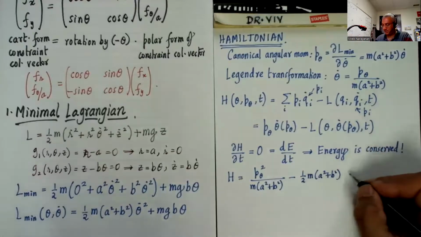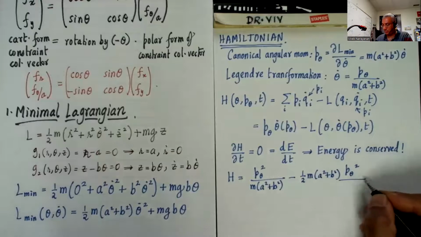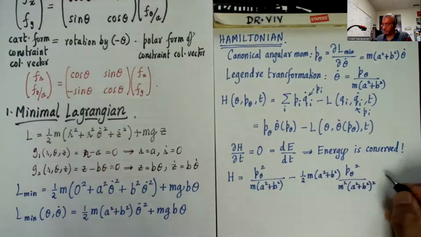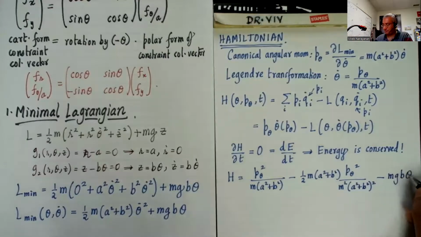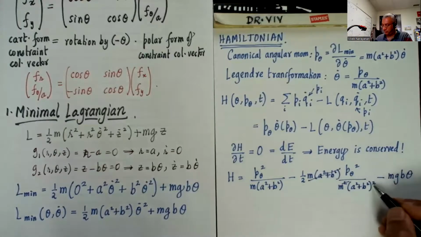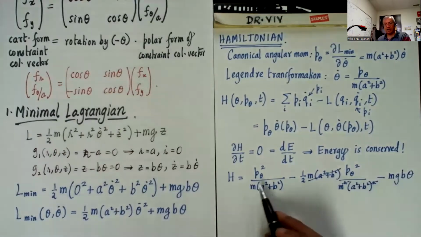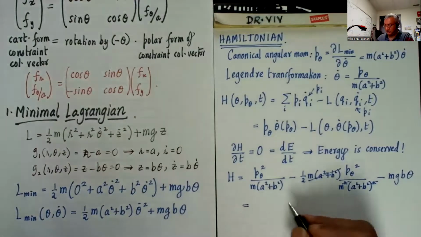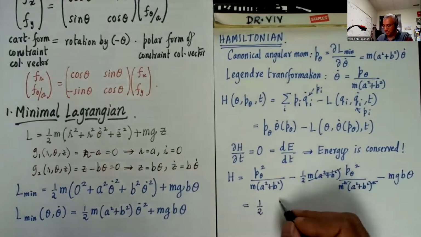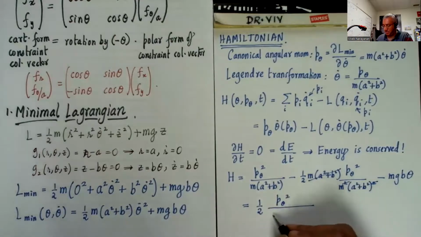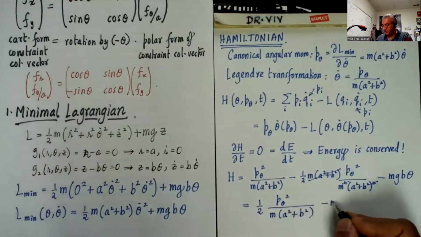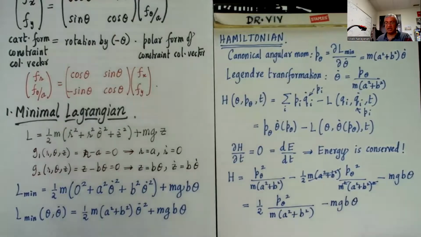So when I square that, I get p theta squared over m squared (a squared plus b squared) the whole thing squared, minus mgb theta. So for most simple cases, that's always 1 minus half the same thing. There are complicated cases where that's not true, so it's always wise to go through this each time. Minus mgb theta. So that's the Hamiltonian.